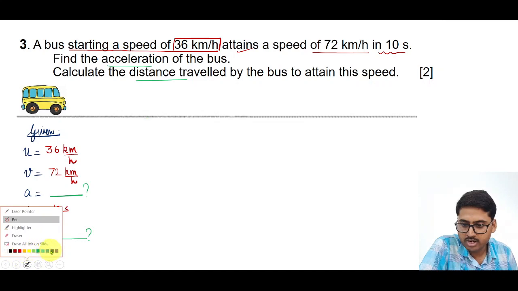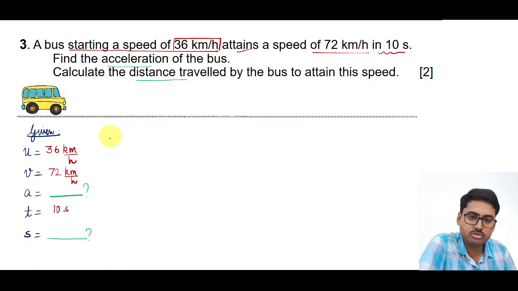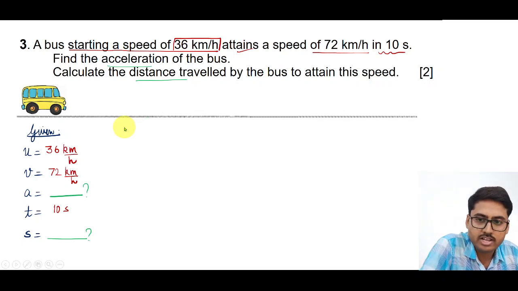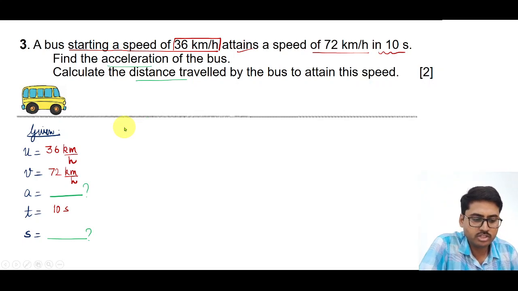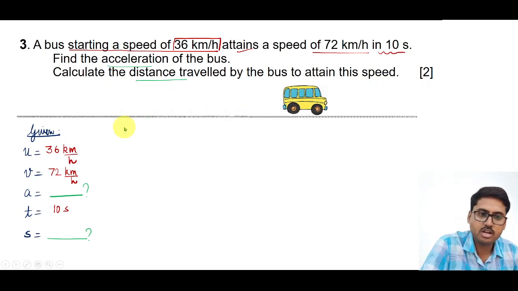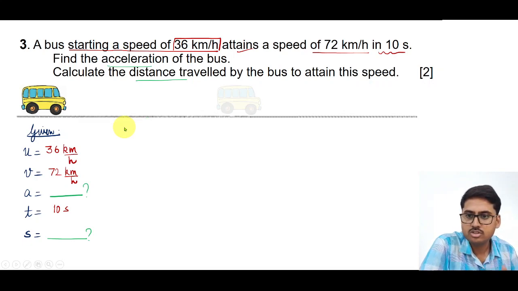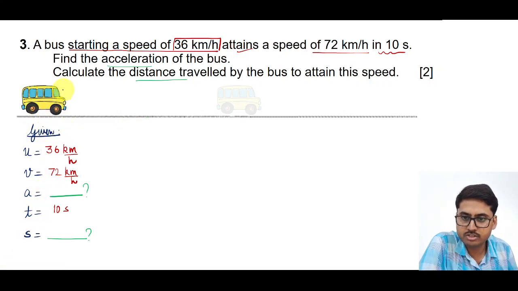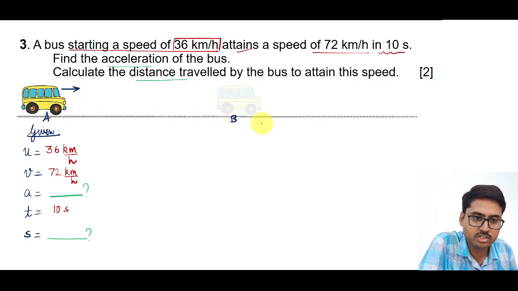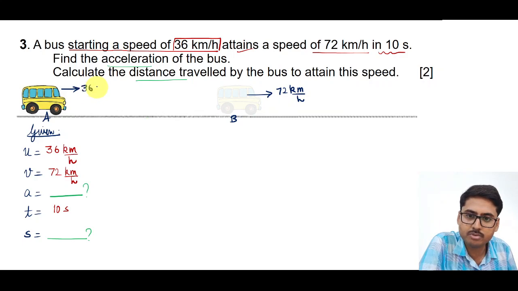So in order to calculate A, as you know the 3 equations, you can use equation 1 as well. One thing I need to just tell you over here, let's see the bus starting from the initial point and moves in a straight road, right? So let us assume this to be the initial speed. So here this is point A and it is a point B somewhere in its journey where the speed became 72 kilometer per hour, and this is 36 kilometer per hour, and it took time as how much is given here, 10 seconds.